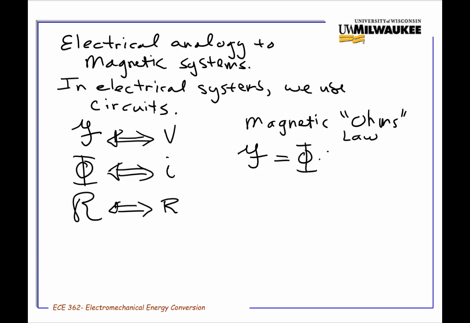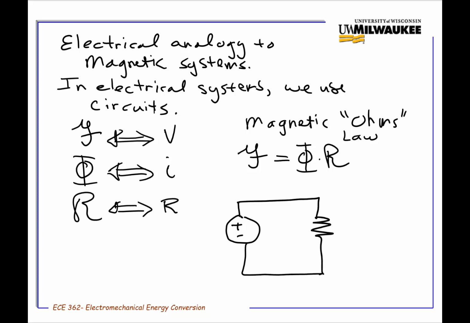flux times the reluctance. If that's the case, we could actually draw a magnetic circuit for this core structure that we've been talking about. Just like this, where this is F, this is flux, and this is the reluctance of the core.